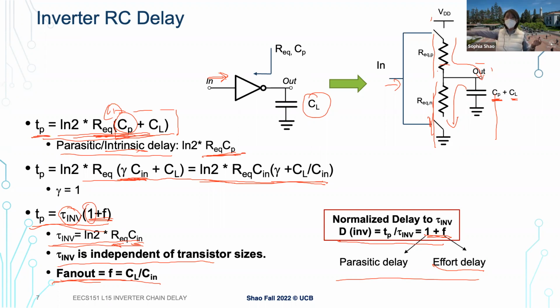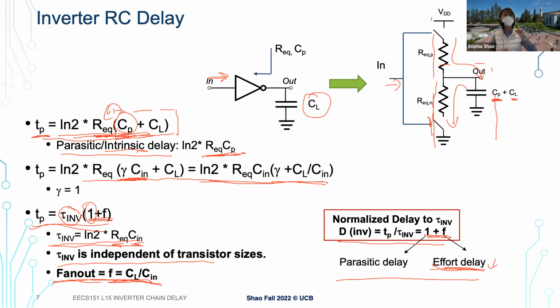If we're driving more load, we have a bigger load capacitance, so I need to pay more effort, and it also takes longer to fully charge and discharge my load capacitance to settle to either a clear 0 or a clear 1. So my circuit will be slower. If my load is smaller, it's faster to charge and discharge, I have a smaller effort delay, and my circuit will be faster.